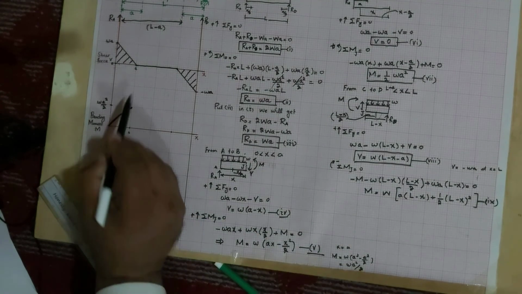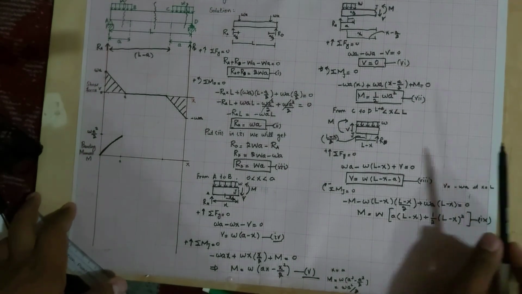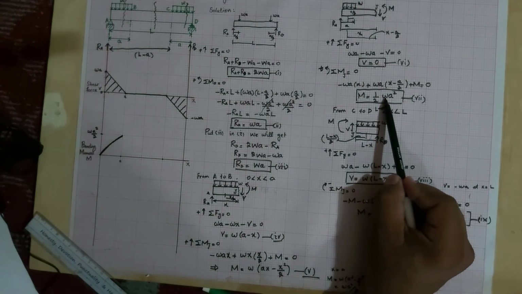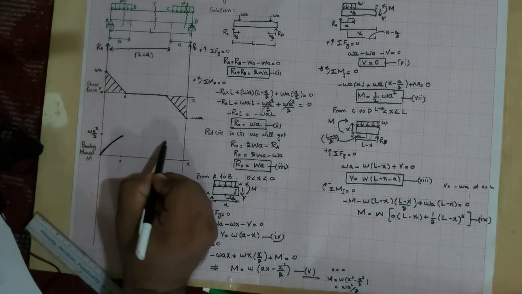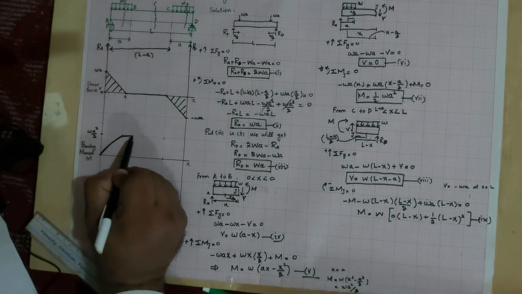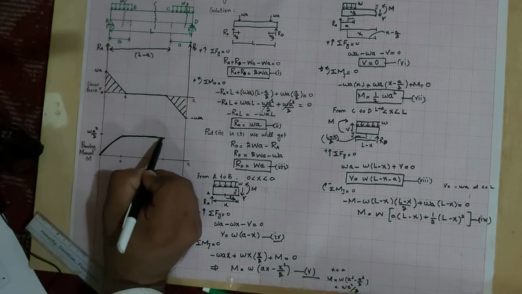Now from point B to C, the bending moment equation is 1 over 2 W into A square. It means from B to C, this point to this point, it will be the same. There will be no change in the bending moment diagram.